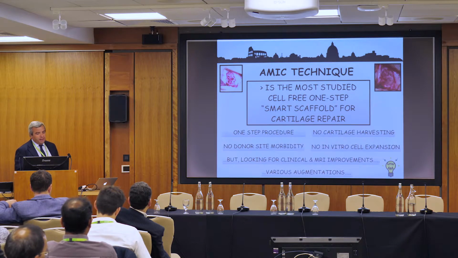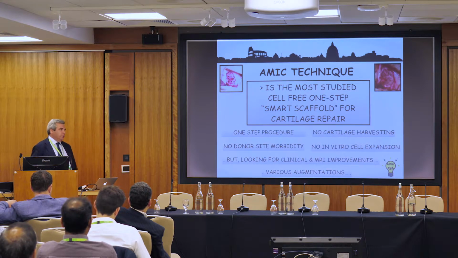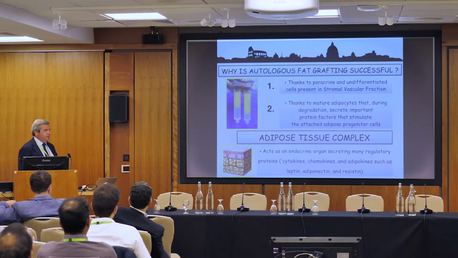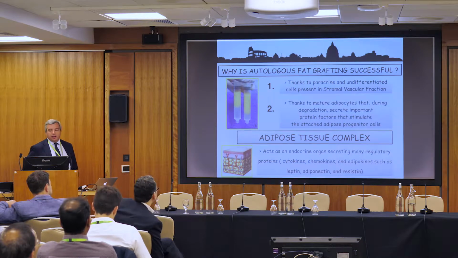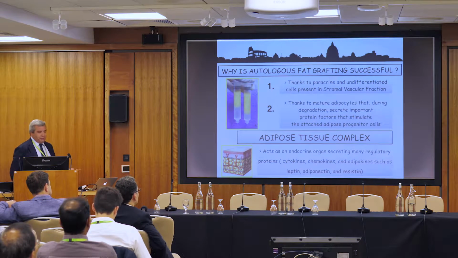And over the time, several augmentations have been proposed, from the PRP to the bone marrow concentrate to the adipose tissue. And getting in the adipose tissue, we have to ask ourselves, why is autologous fat grafting successful? Mainly two reasons.